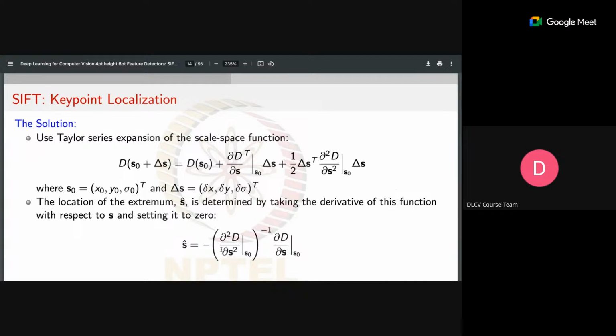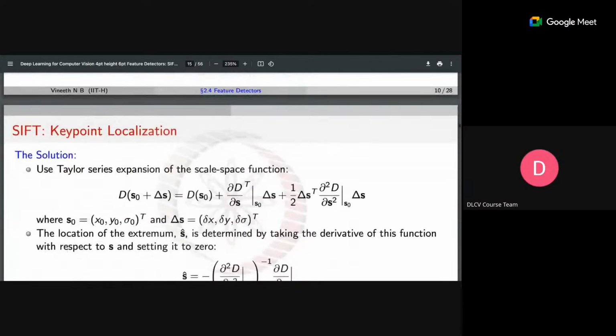So we take the derivative with respect to s, and whatever we get, we equate it to 0, and we get the extrema, like our critical point. Our critical point is of this form. Is that correct? Yes.